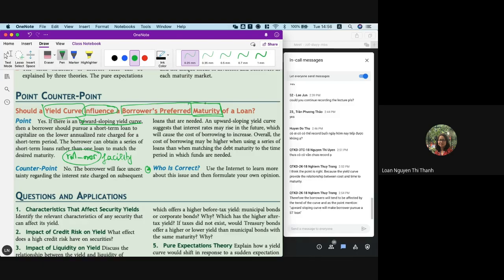So maturity may be short term or long term. No downward curve here, just an upward sloping one. How does the upward sloping yield curve affect the borrower's preferred maturity of the loans? Do they prefer short term or long term? The point says short term, but the counterpoint says long term.